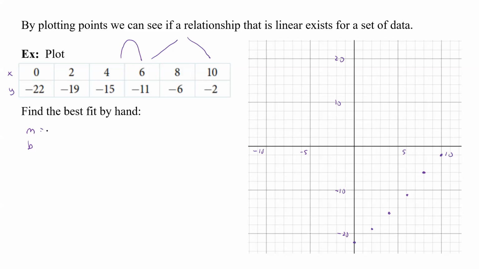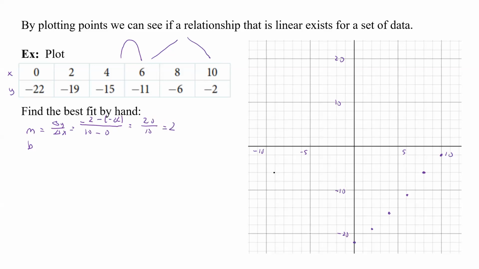So for my slope, remember that's the change in y over the change in x. So the first one is going to be y2, this is going to be y1, so I'm going to have negative 2 minus negative 22 over 10 minus 0, and this is going to be a plus 22 minus 2, so it's going to be 20 over 10, and that gives me a slope of 2.